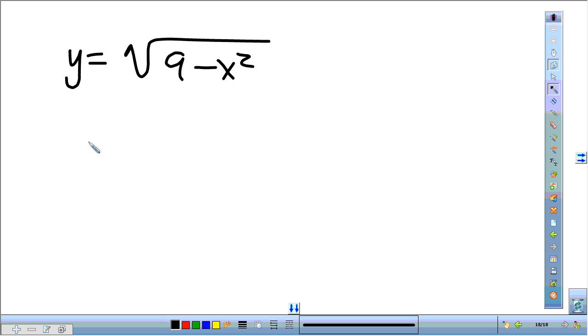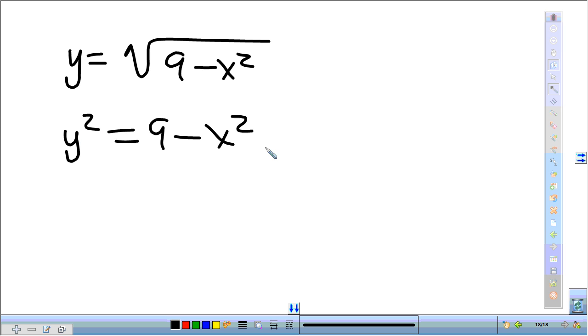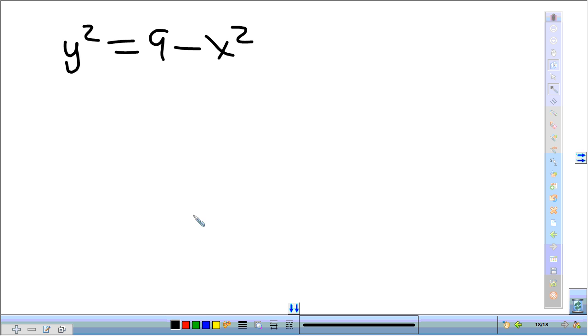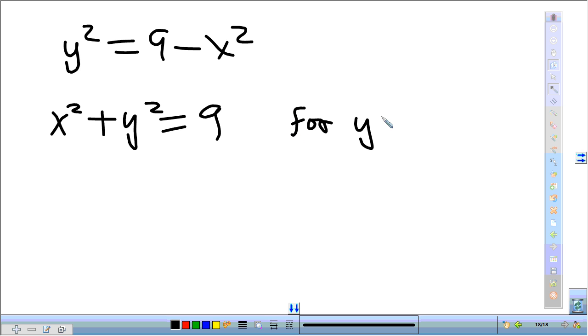Well, we could do some algebraic operations, square both sides, and then add x squared to both sides. So this would be, for non-negative values of y, x squared plus y squared equals 9.